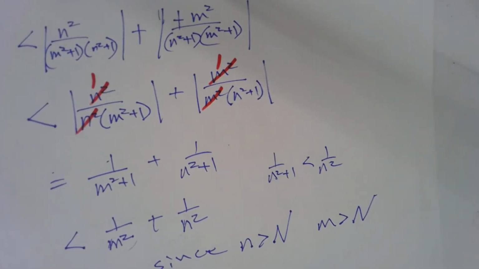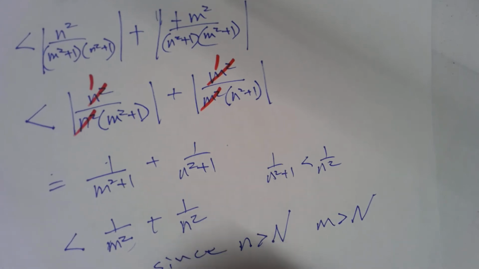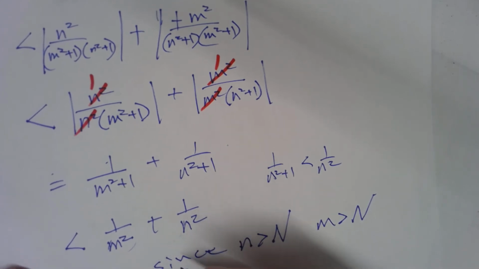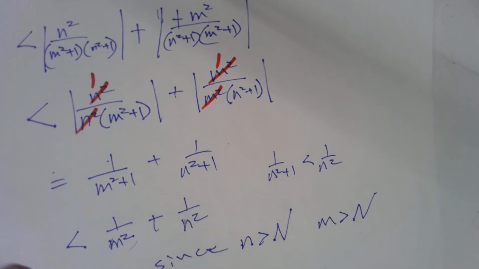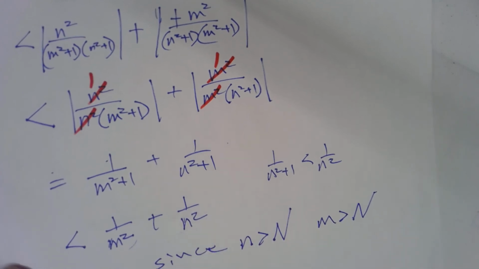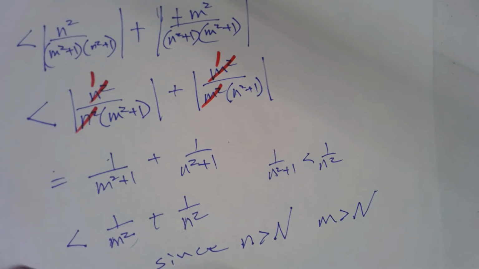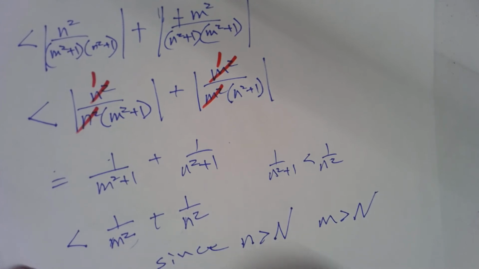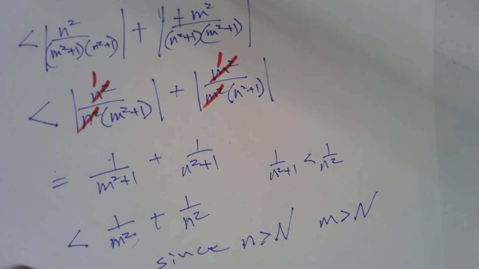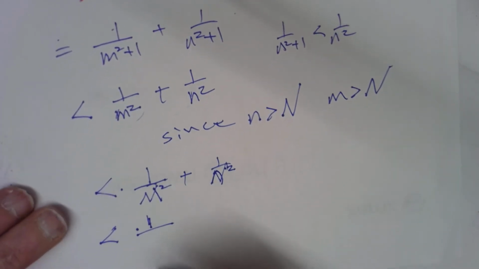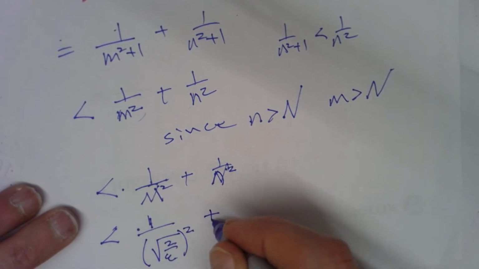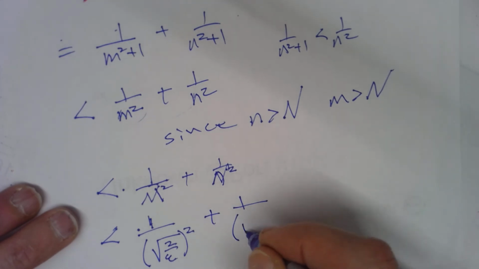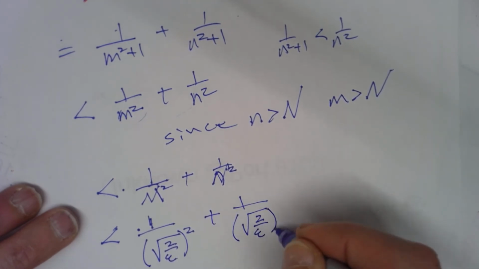So this will be, since this is 1 over n, so that'll be less, so that we'll just leave this as m squared and n squared. So this becomes 1 over the square root of 2 over epsilon squared plus 1 over the square root of 2 over epsilon squared.